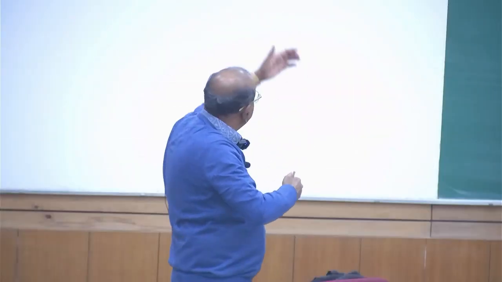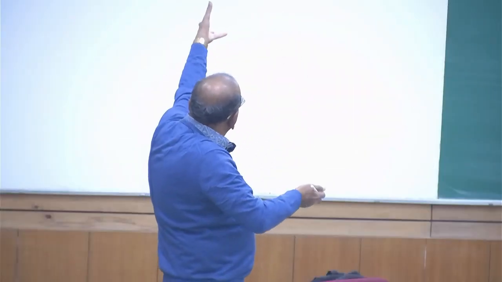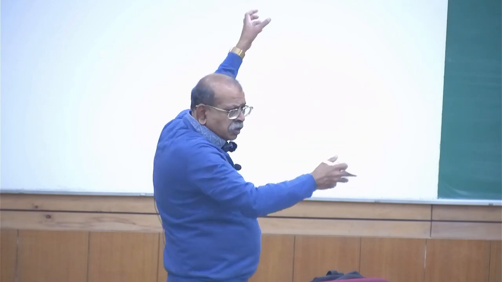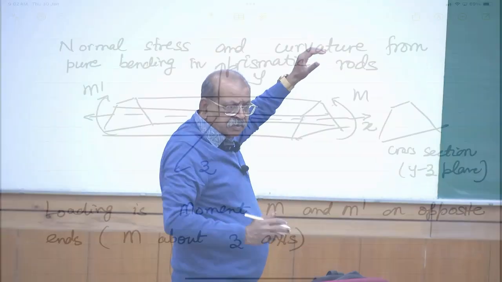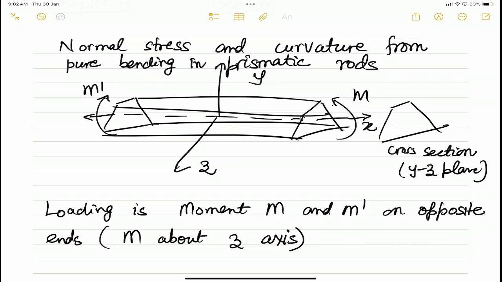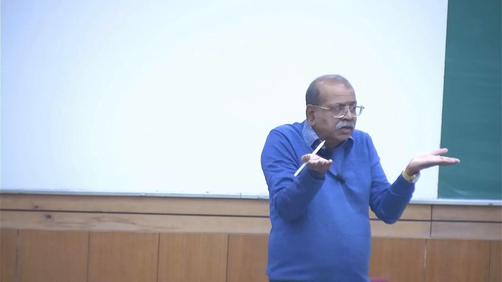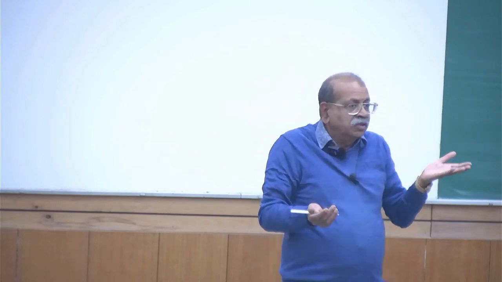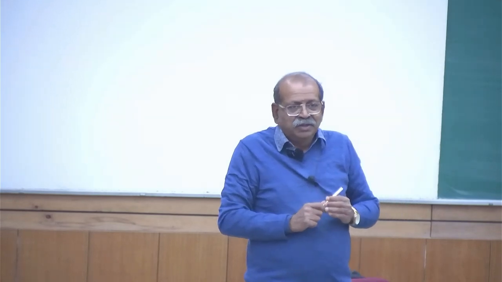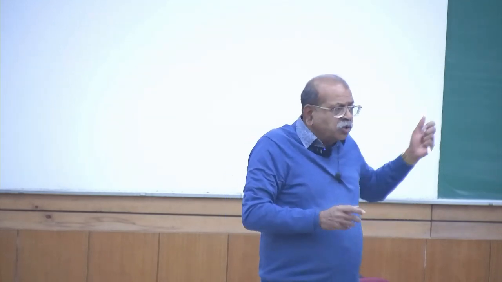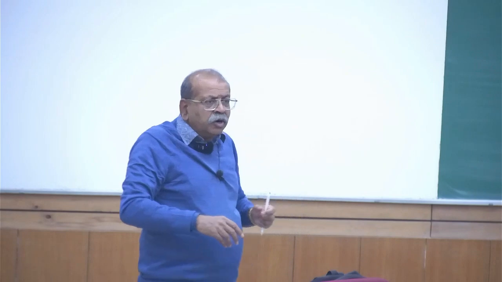So, this is the z axis. So, the moment is about the z axis. Okay. So, what effect will such a moment do to this rod? Just think about that. Because of this moment which is there, what will be the deformed shape of the rod?